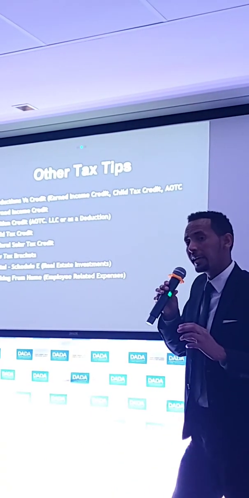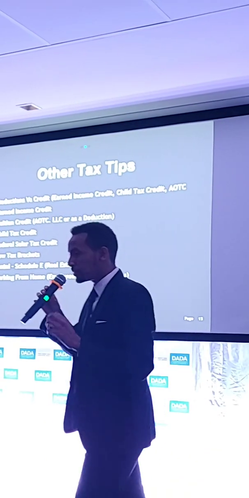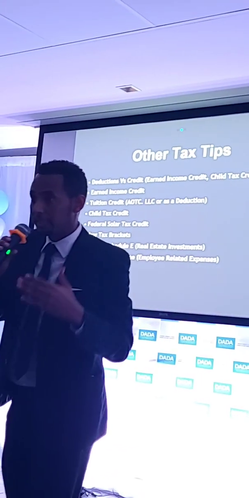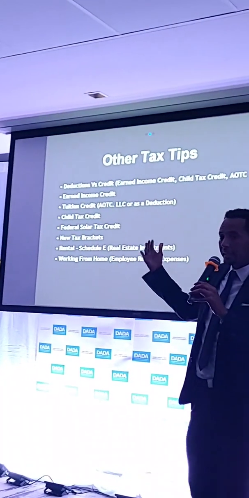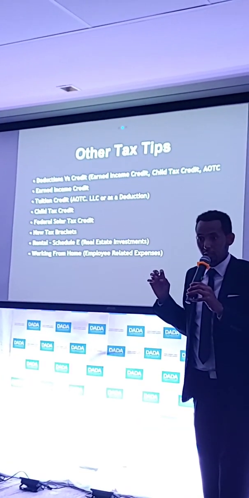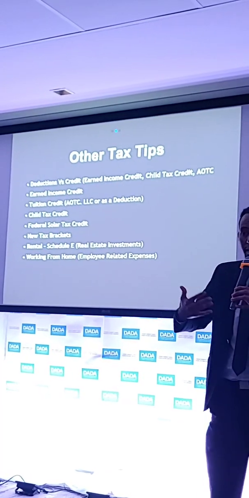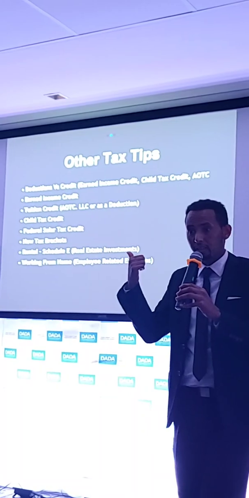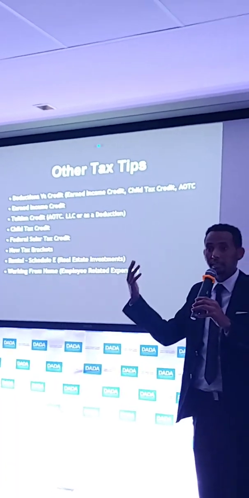A credit is an amount of money that minimizes your tax liability or gives you a refund. A deduction, like we have seen earlier, is an expense that minimizes your taxable income. There are a lot of credits you can qualify for, and it has to be seen on an individual basis, depending on your age, your status, married or single, and other factors.